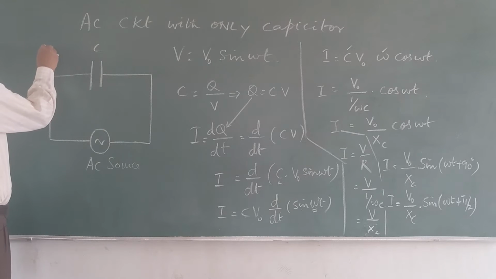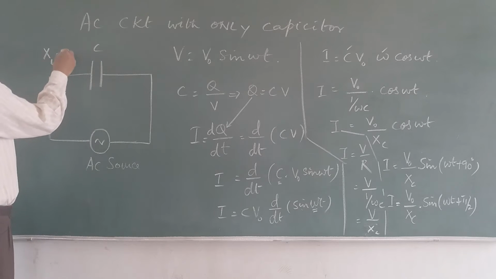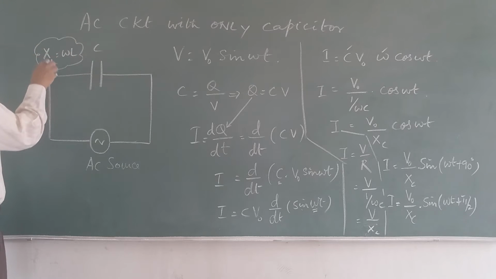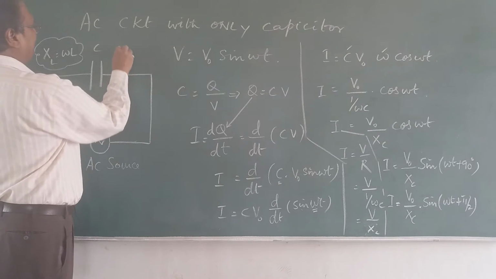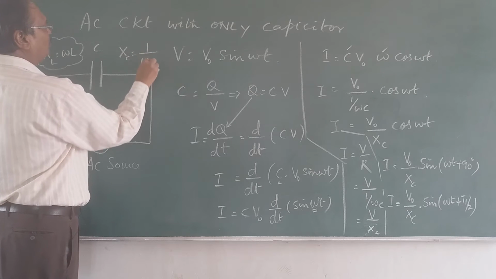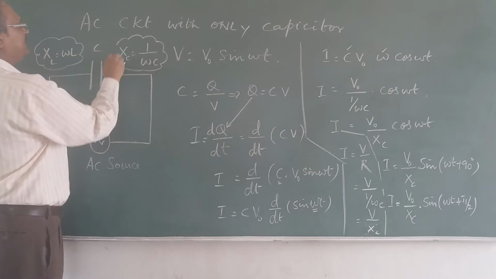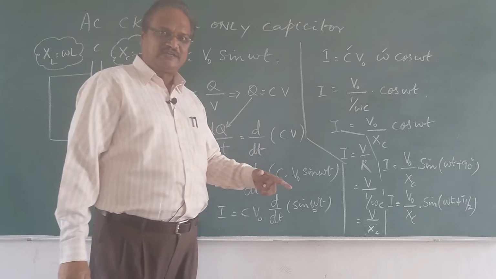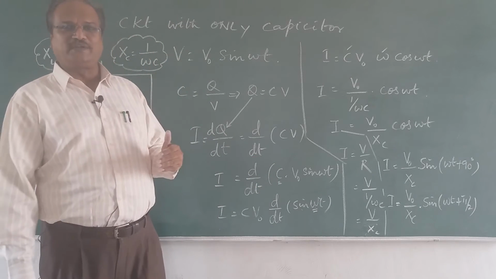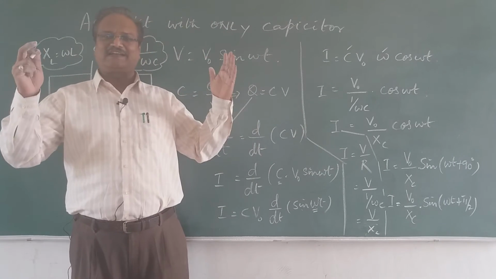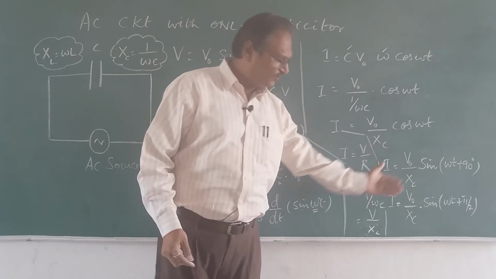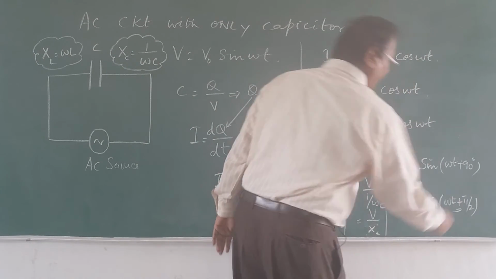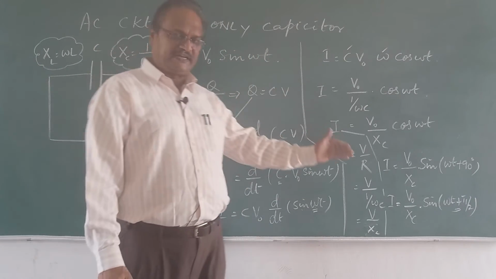In the inductor, XL is equal to omega L, called inductive reactance, and here XC is equal to 1 upon omega C, which is called capacitive reactance. Ultimately, what we try to prove is the relation between current and potential difference, and we find that the current leads the voltage. This plus sign signifies that it leads the voltage by pi by 2.